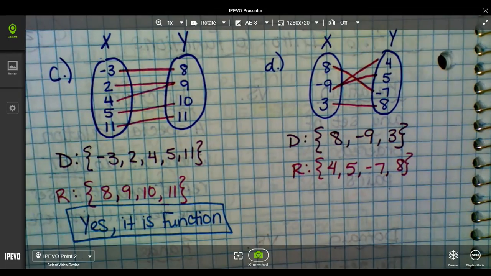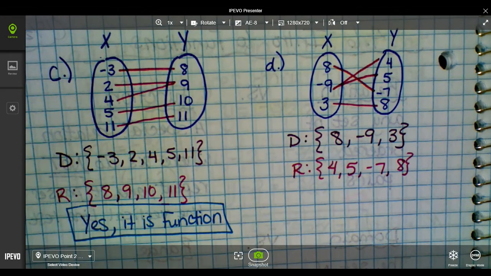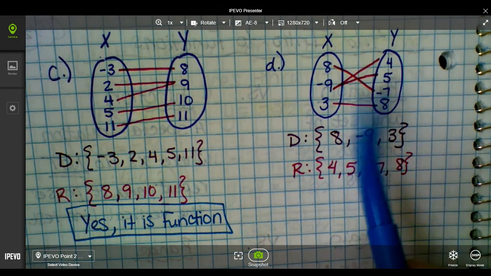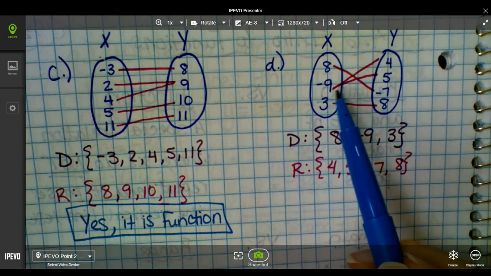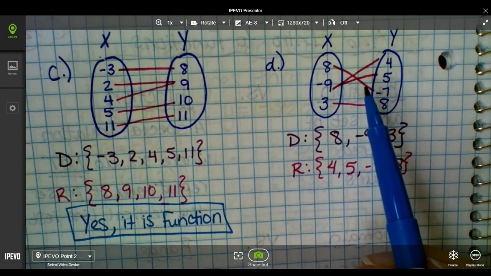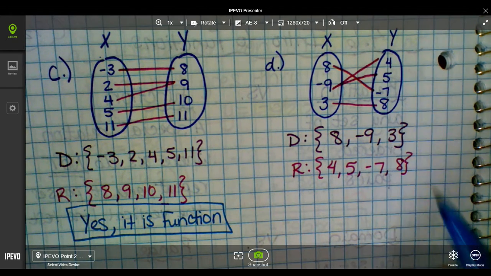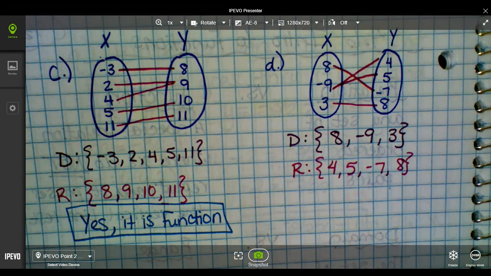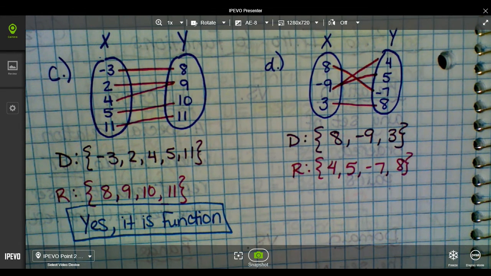But the tricky part of these is trying to figure out whether or not it's a function. So you got to really make sure you're paying attention to the lines. Do any of these X values repeat? Is there 2 lines going from one X value? And in this case, there is. That -9 is going to the 4 and it's going to the 5. So that's not a function. Because again, if you had an equation like y equals 2x plus 3, if I plug in -9, I would get -18 plus 3, which is -15.